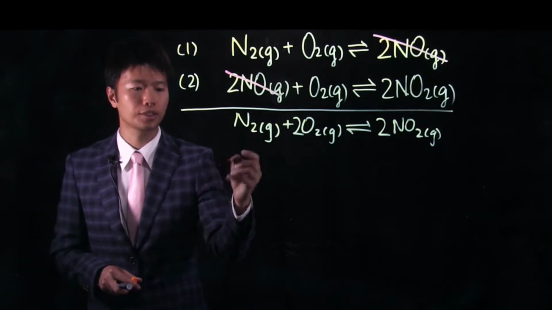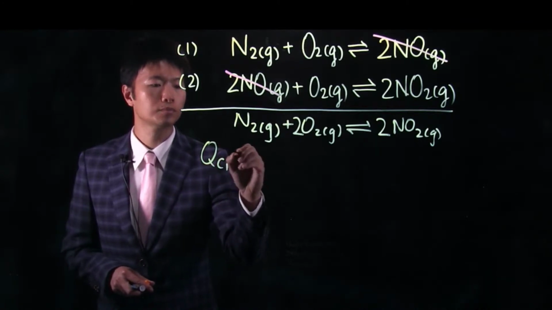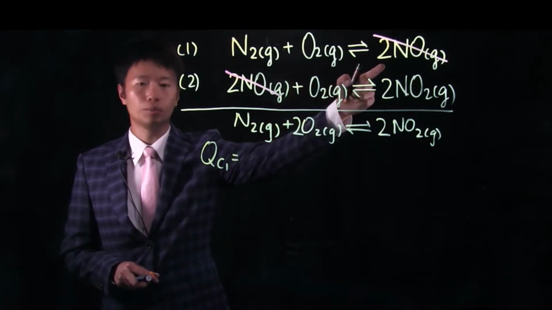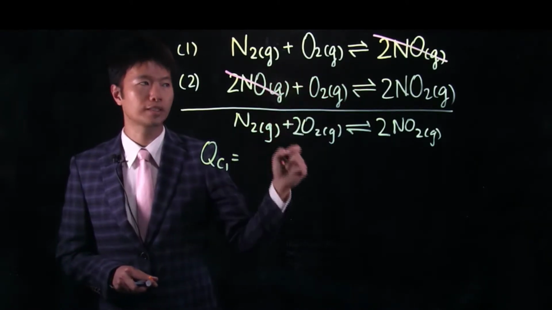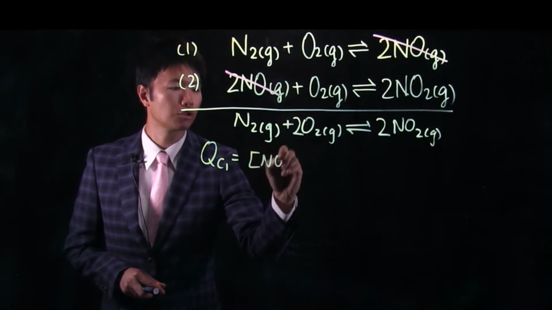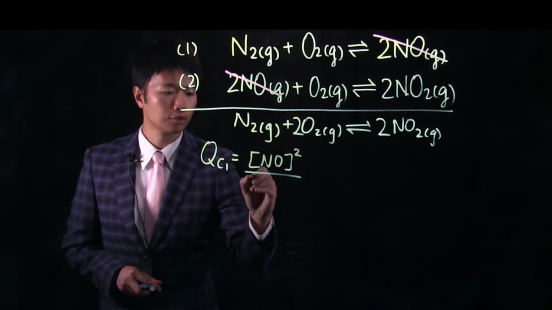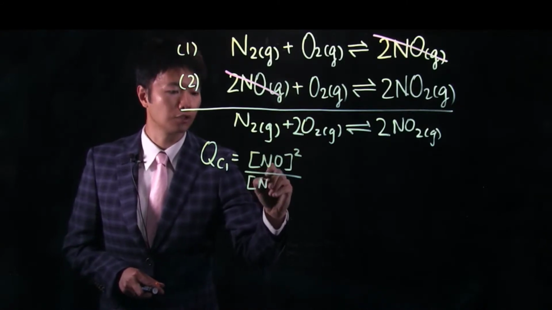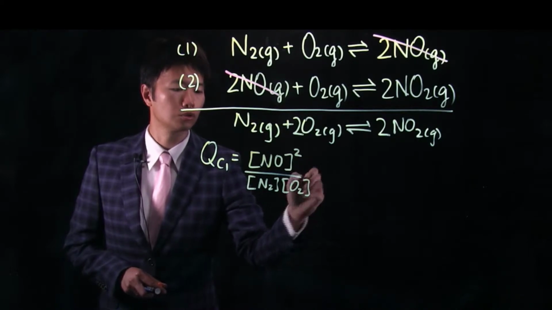First, let's write down the reaction quotient QC1, which will be the molar concentration of the products divided by the molar concentration of the reactants. In this case, we have the molar concentration of NO squared divided by the molar concentration of N2 and also O2.